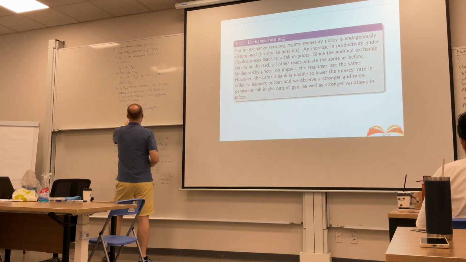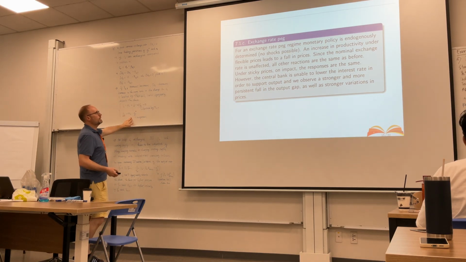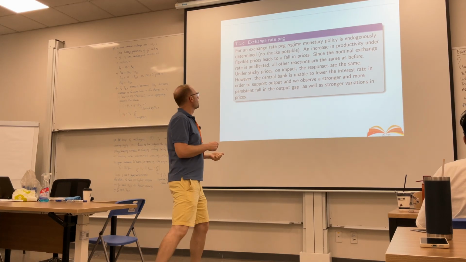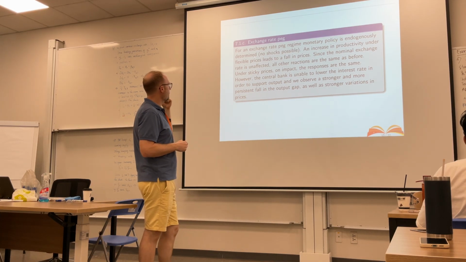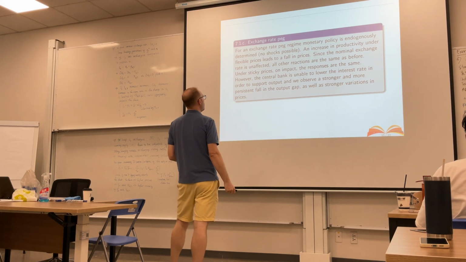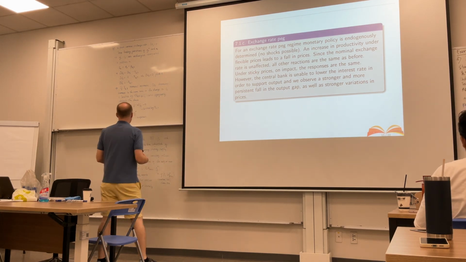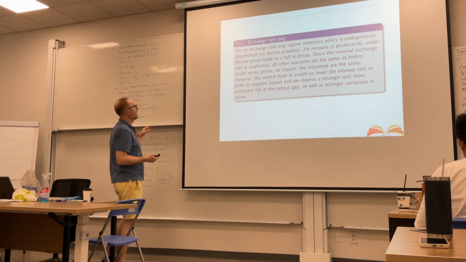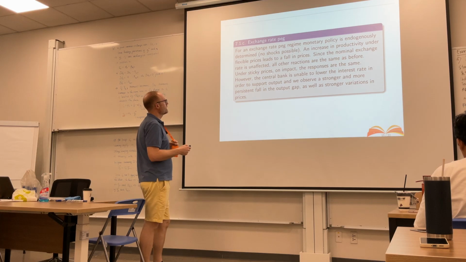Right, with an exchange rate peg again, no independent monetary policy is possible. So if we have an increase in productivity under flexible prices, we're going to have prices then fall. Under sticky prices, we have the same response on impact.